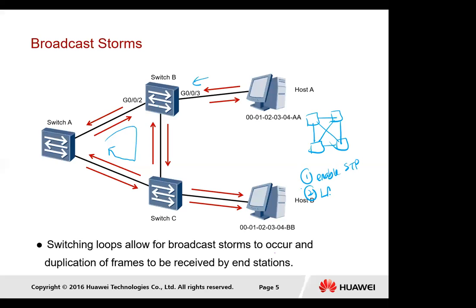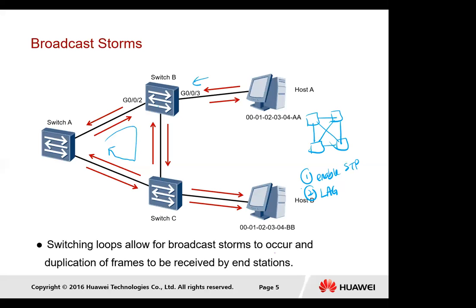Second option, a LAG, a link aggregation group, where you link-aggregate them by doing EtherChannel between the links, to prevent the loop from happening. So the first thing is that when you have a redundant connection under layer 2, you can easily form a broadcast storm. A broadcast storm affects the utilization of your entire network, makes your network very slow, or even inaccessible.